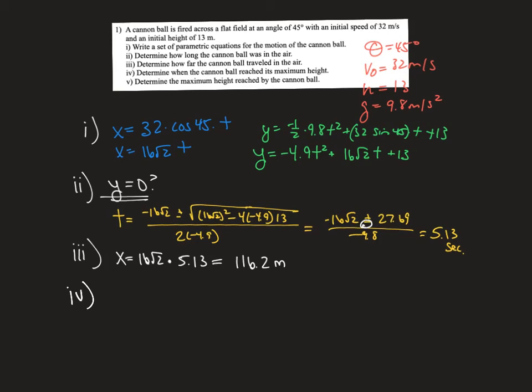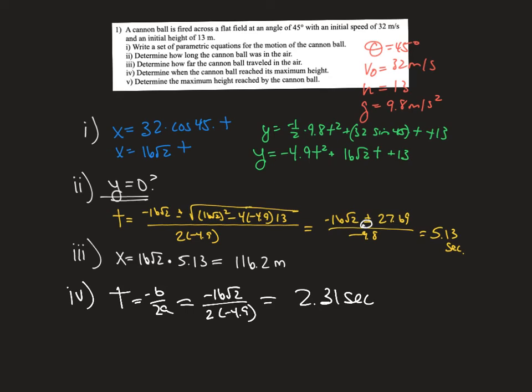Well, it's literally going to be the same thing, but instead of x, it's going to be t equals negative b over 2a. And so when you do that, that'll give you the time that you reach your vertex. So negative 16 radical 2 over 2 times the negative 4.9. When you plug that whole thing into your calculator, you get 2.31 seconds.